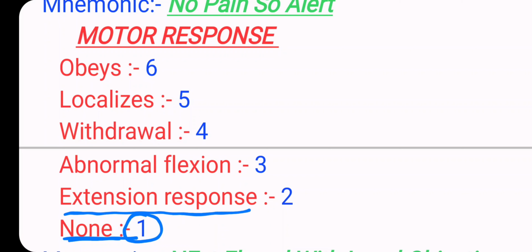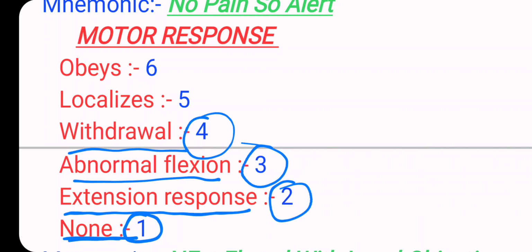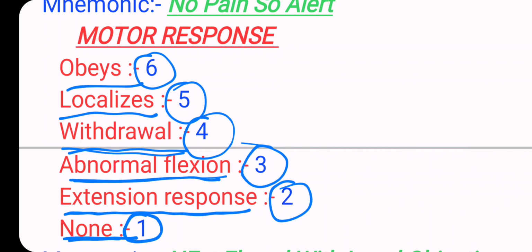Extension response has value 2. Abnormal flexion has value 3. Withdrawal 4. Localizes 5. And obeys 6. You have to remember the words withdrawal, abnormal flexion, extension response, none, localize, obey.